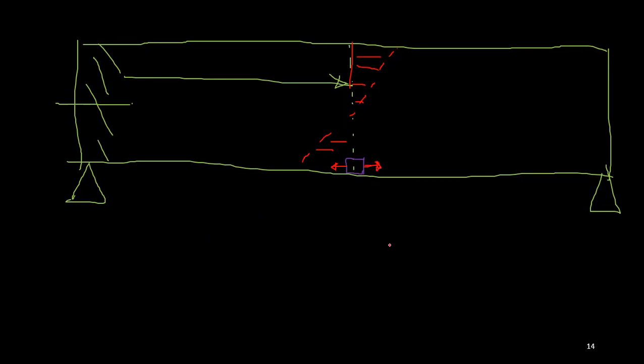Right. So we can draw this in a Mohr circle too. It is tension and zero shear, some value and zero height, right?